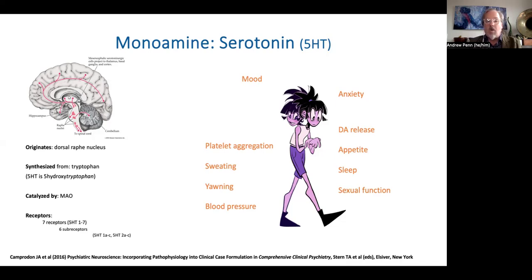But there are also serotonin receptors on platelets, which have some effect on bleeding and bruising, which is why sometimes people on SSRIs will bruise more easily. Yawning is somewhat mediated by serotonin, as can be blood pressure. And of course, sexual function is another thing that serotonin is closely involved with, which is why SSRIs can sometimes impair things such as ability to orgasm.